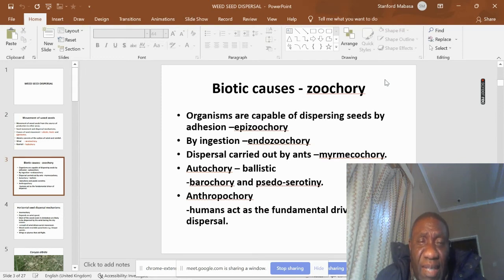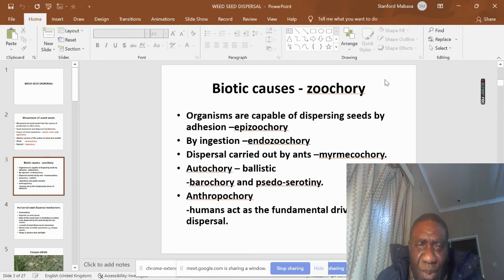Now, let us look at the biotic causes, or the dispersal due to biotic causes. The term which we use is zoochory. So, organisms are capable of dispersing seeds by adhesion.